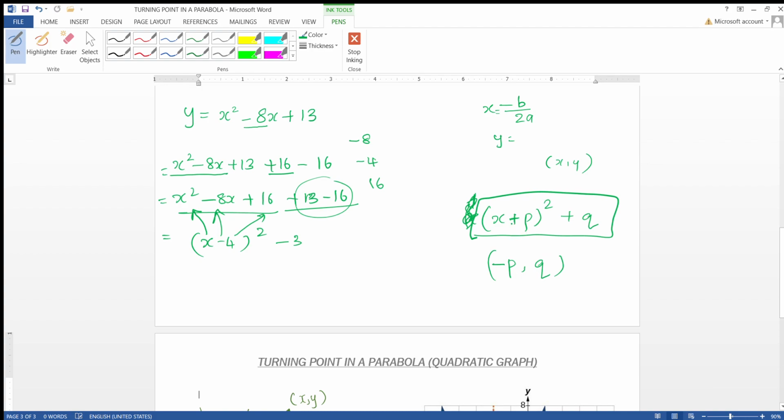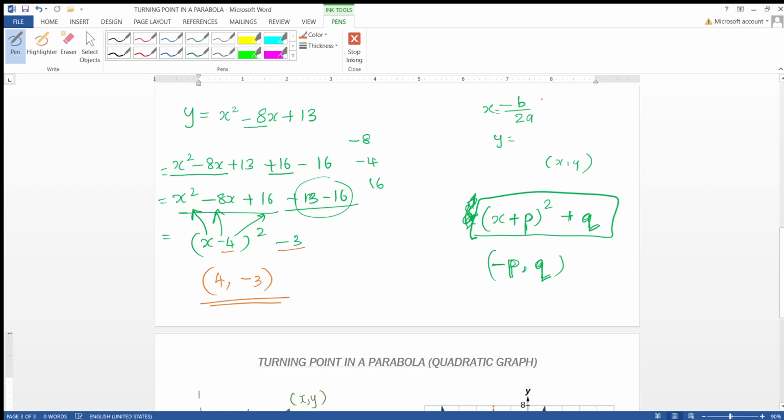So here you can see plus p, so its opposite will come here, and here you can see q, the same sign will come here. Now we will compare with what we got. We got -4 here, so you write 4. You have -3, copy -3, that's the turning point.